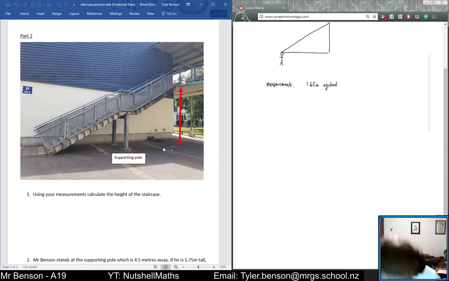Your eye level is 1.65 meters. You stood at 10 meters distance away from that red line, and you looked up at an angle of 15 degrees. That's all the measurements you need, and that's all the measurements you would take in the actual internal.